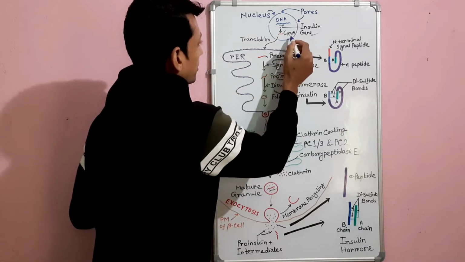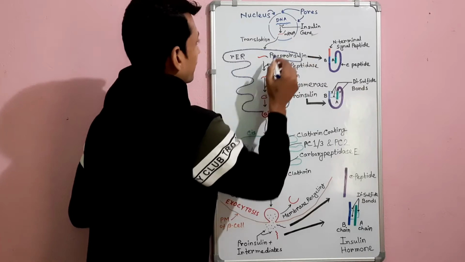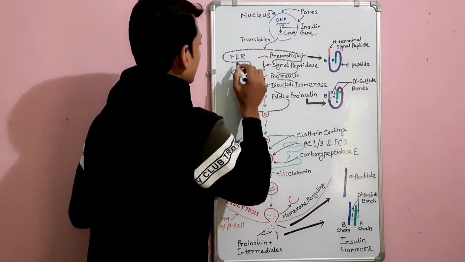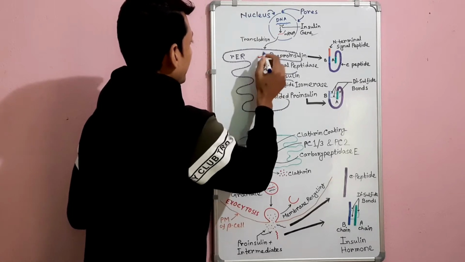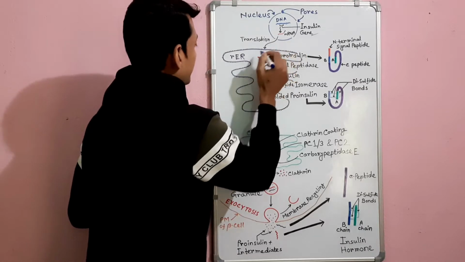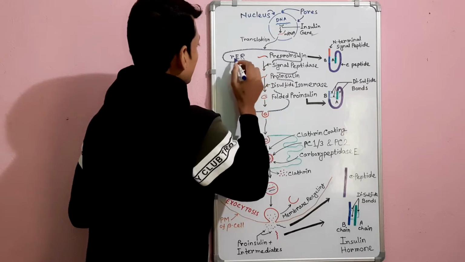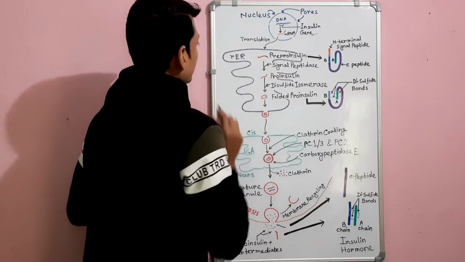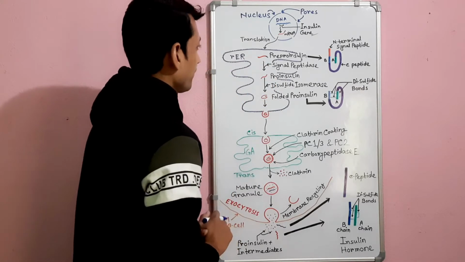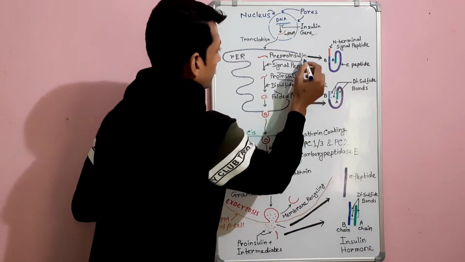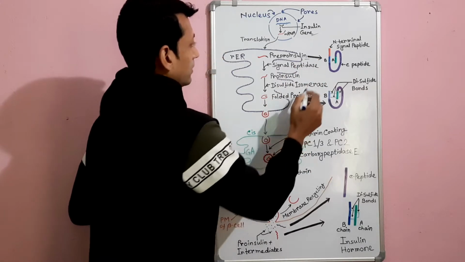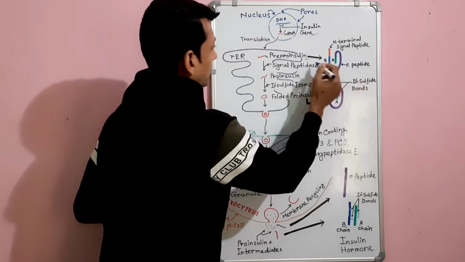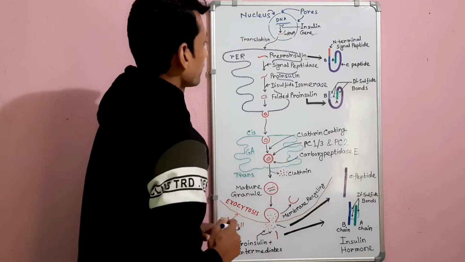This pre-proinsulin mRNA is then transferred into the rough endoplasmic reticulum. Here, the translation occurs through the ribosome of the endoplasmic reticulum. As a result, pre-proinsulin is formed. This is a diagram of pre-proinsulin.